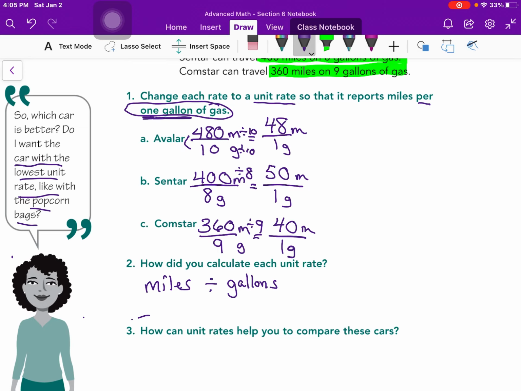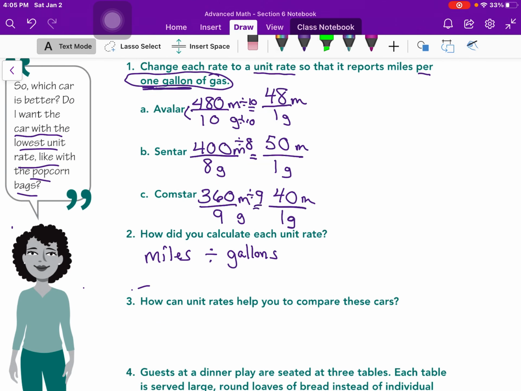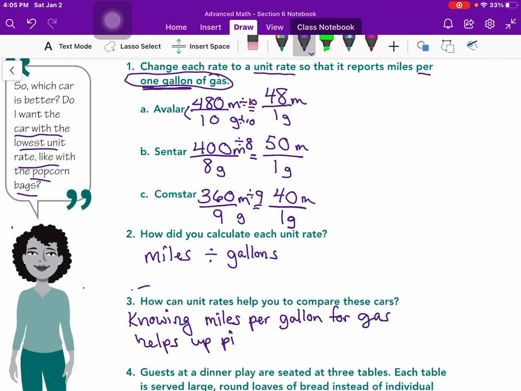It says, how can unit rates help you compare these cars? Well, if we can get it down to miles per gallon, so knowing miles per gallon for gas helps us pick the car with the highest miles.